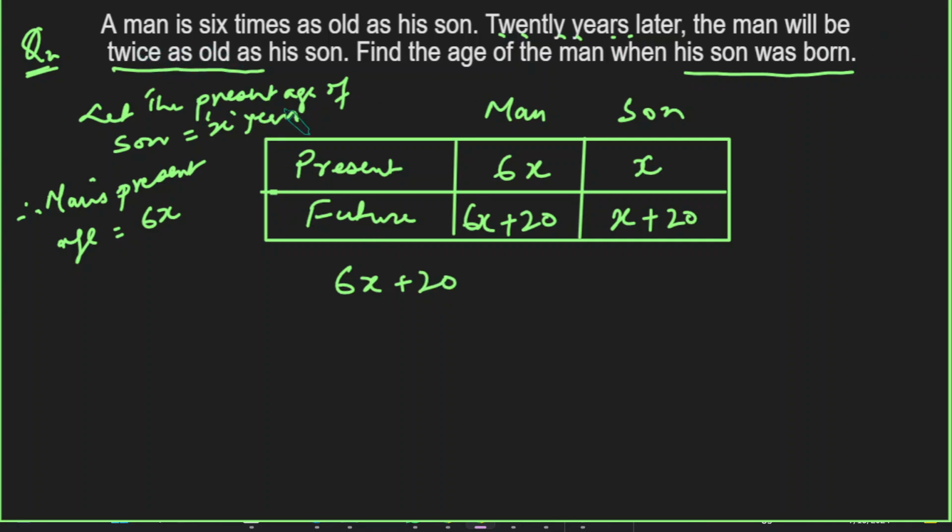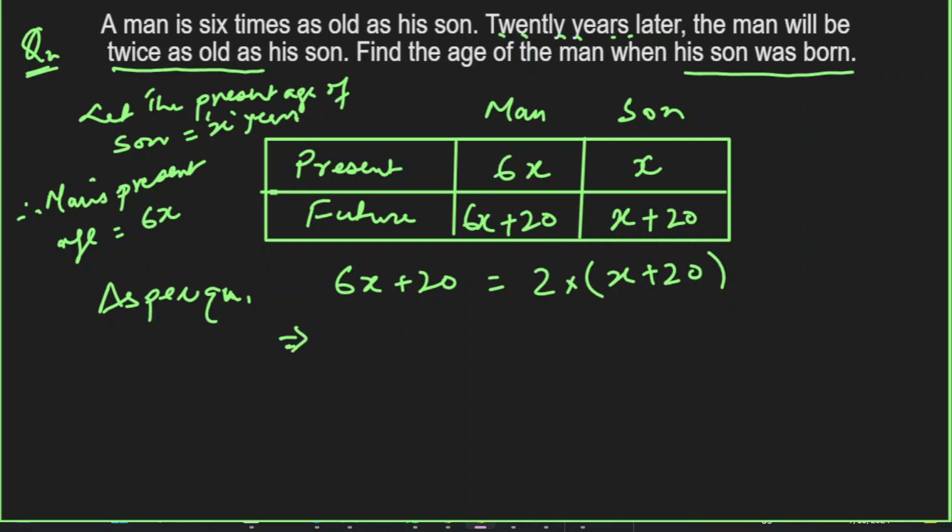So the man's age will be twice, two times as old as the son's age in future, so it will be x plus 20. This is what we had to do. So as per the question, we can write it like this.